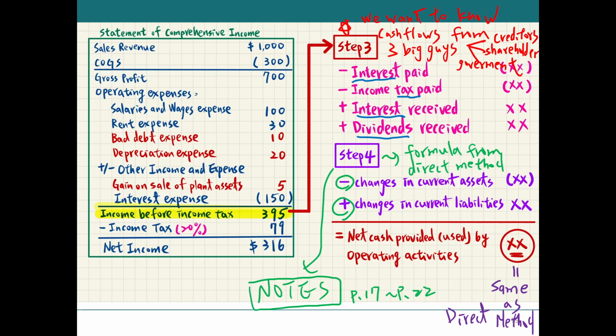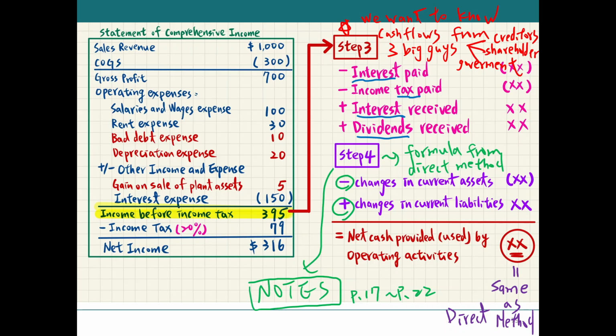So this option is still quite common, so you should understand it. Also, later we will tell you the second option from net income. So start point from income before income tax or start point from net income. Both of them are quite common, okay? So you should understand the difference. Any questions?